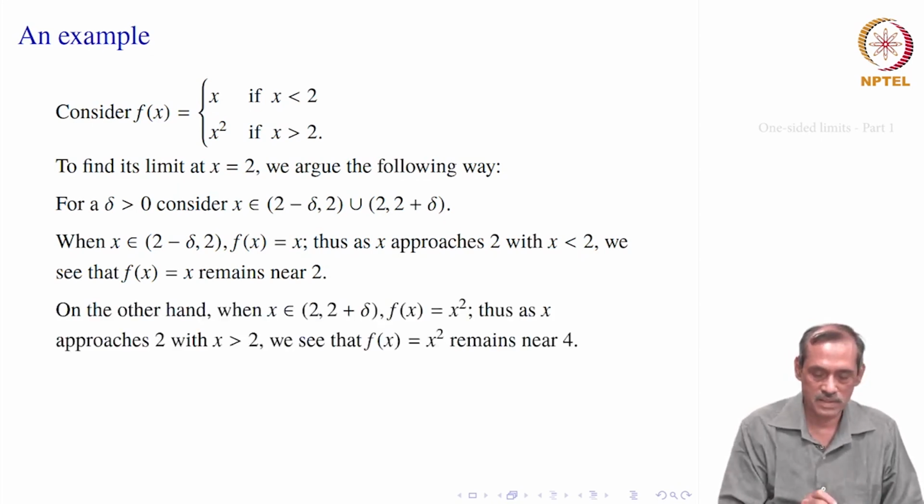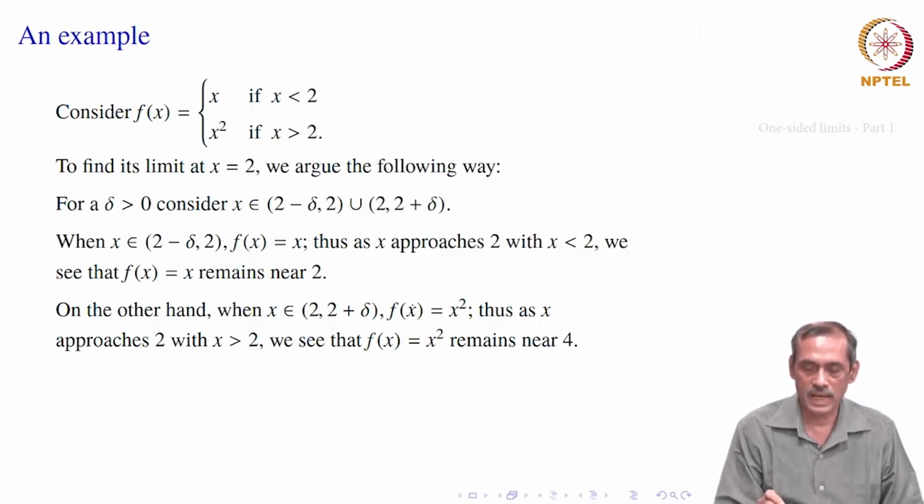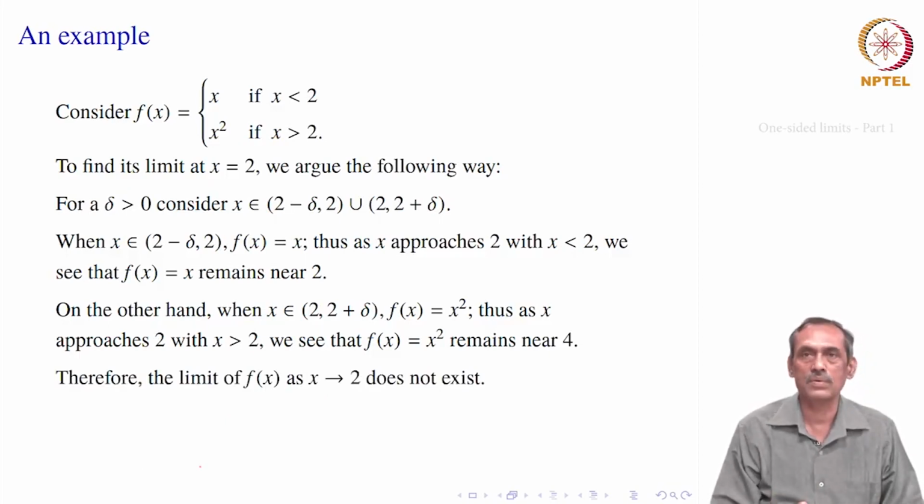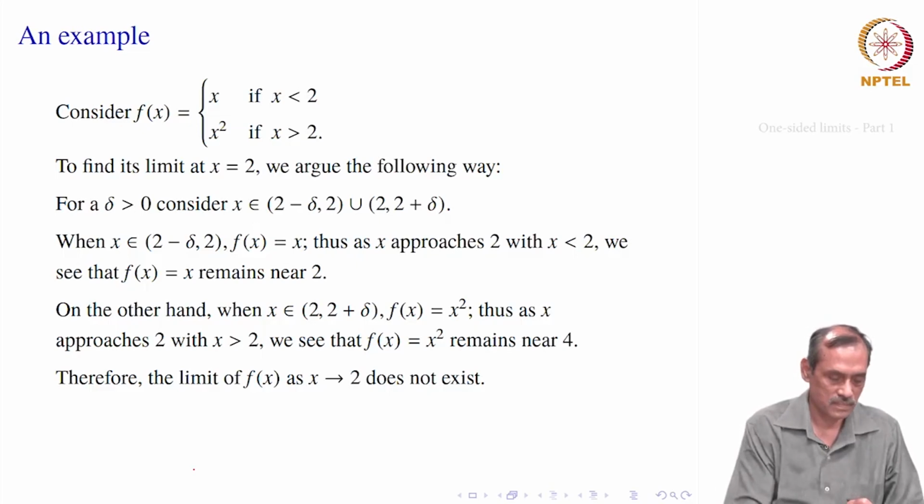And on the right side, x belongs to 2 to 2 plus delta, where f of x is equal to x squared. So, when x approaches 2, remaining greater than 2, f of x is x squared, which remains near 4. So, we conclude that the limit as x goes to 2 does not exist.